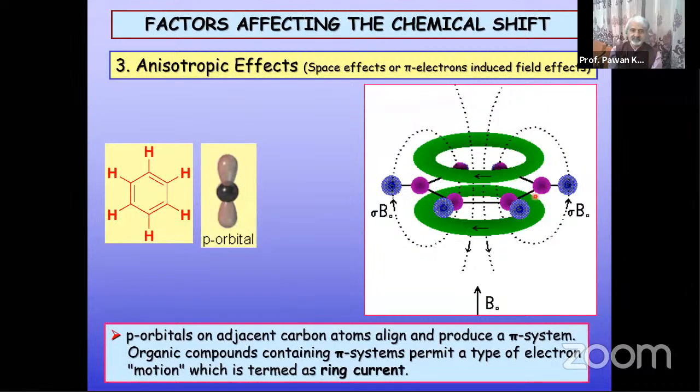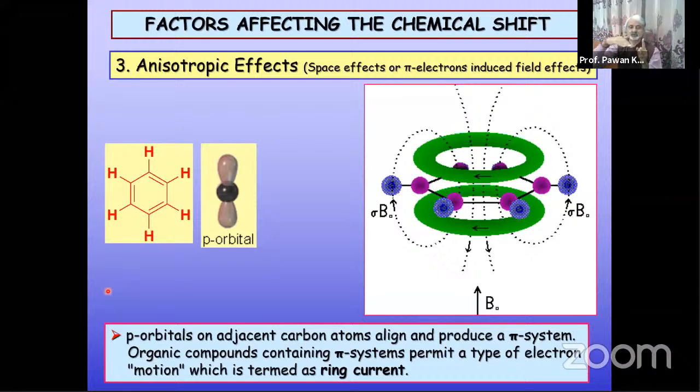Say for example, if you see here that the mauve color is carbon, and this blue color is hydrogen. So you see 6 mauve colored carbons. So it's a benzene and hydrogens. So each of these carbons, they are having a p orbital. So these p orbitals, they align themselves at the top and at the bottom. So that is called the ring current.